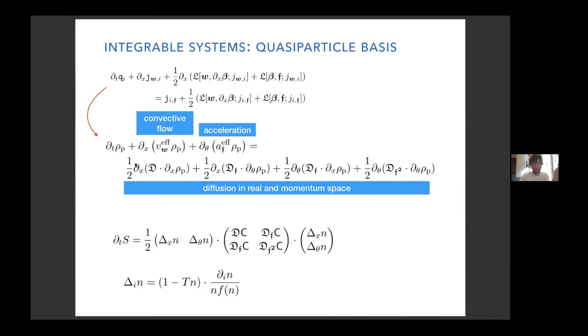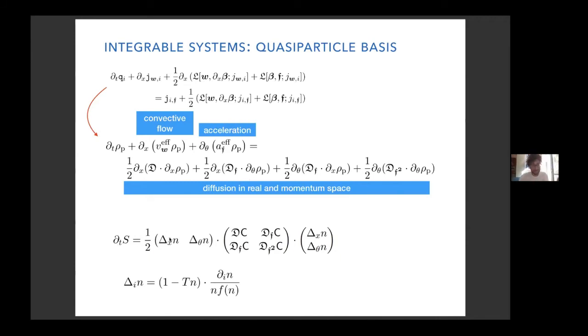This is the order xx term, this is x theta, this is theta x, and this is theta theta. So it's a bilinear form for diffusion in real space and momentum space. This is interesting because it shows that GHD, despite being a hydrodynamic equation for 1+1 dimensions, is actually the equation for quasi two-dimensional fluids. This opens up a lot of different questions that should be answered.